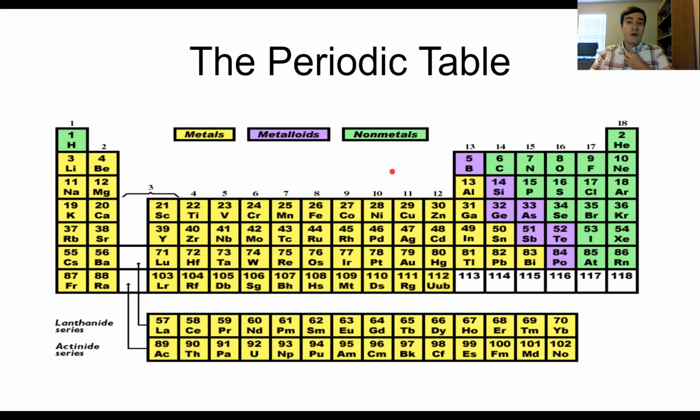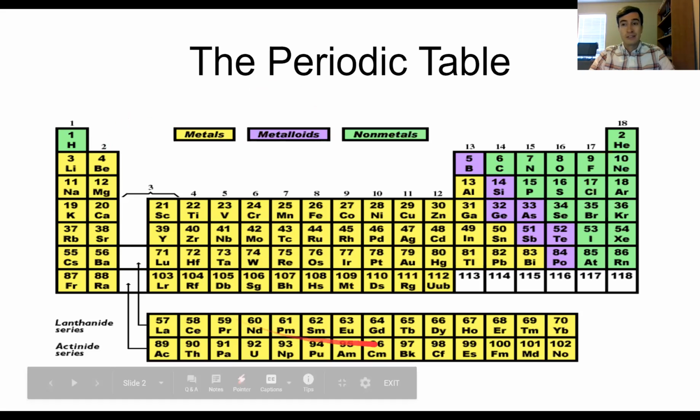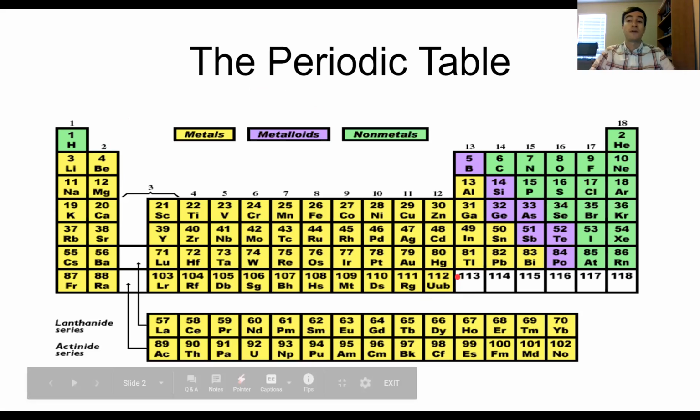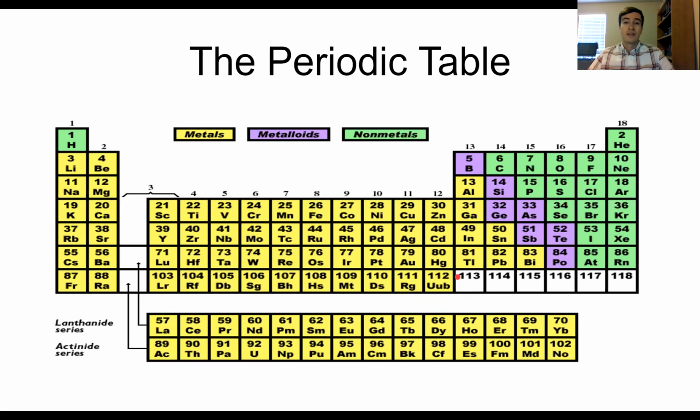But the main thing that I want you to know about it right now is that every single one of these boxes on the periodic table is a different atom, a different element. So far, scientists have been able to discover 112 different individual atoms that combine with each other to make up everything else in the universe.